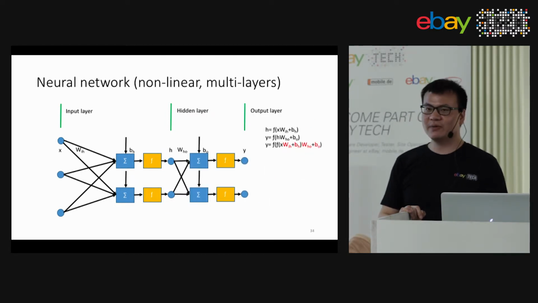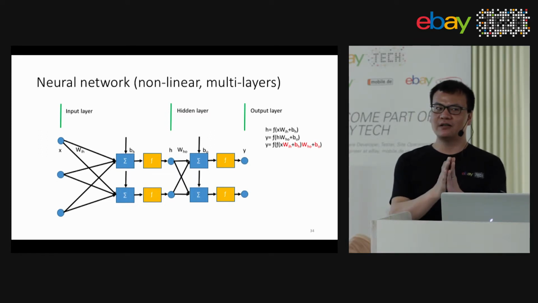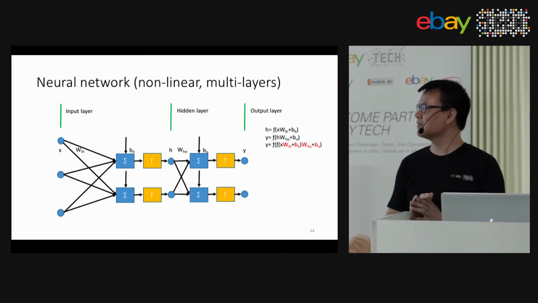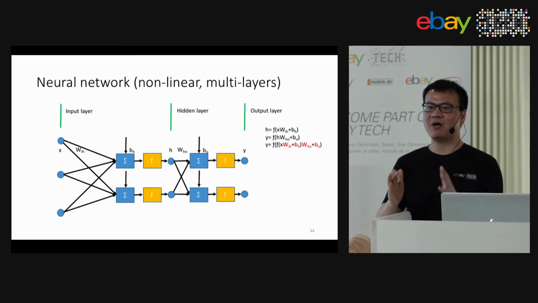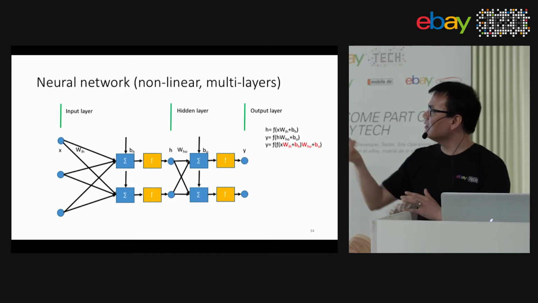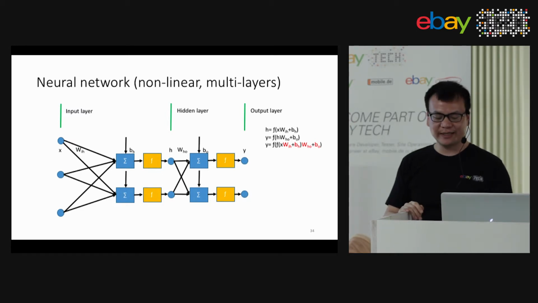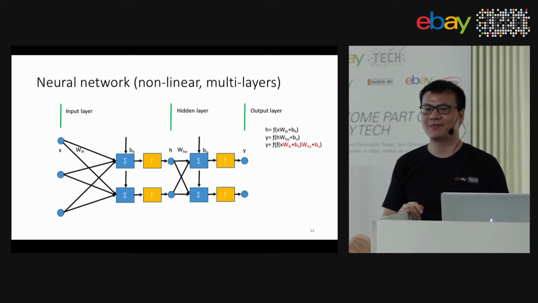And then to further increase the complexity, we can have a chain of layers to build a multi-layer neural network. In this case, it shows not only the input and output layers anymore. In between, there's a layer we call the hidden layer.